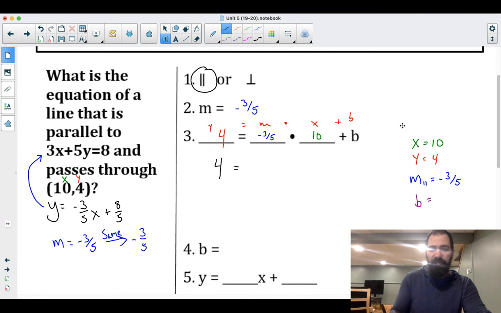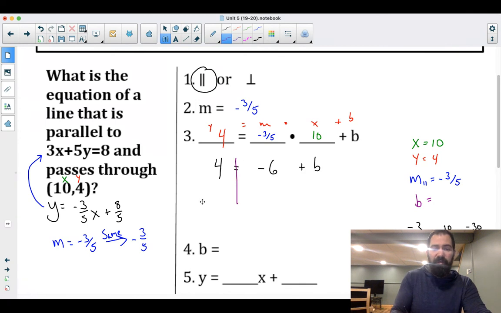Simplify. If we have to do our multiplication here, negative 3/5 times 10 equals negative 30 over 5, which reduces down to negative 6. So that means negative 3/5 times 10 is negative 6, and then plus b.